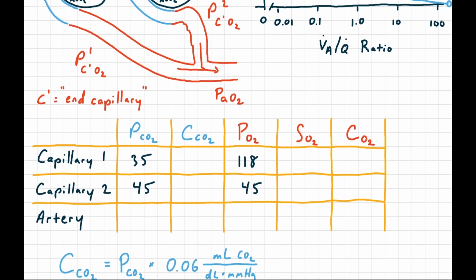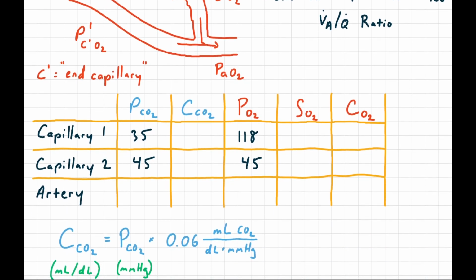So if we start with carbon dioxide, the content of CO2 in the blood is straightforward diffusion by mass effect into the blood at a solubility of 0.06 milliliters of CO2 gas in every deciliter of blood for every millimeter of mercury of CO2 partial pressure. So that means that capillary 1 contains 2.1 milliliters of CO2 per deciliter of blood, and in capillary 2, that's 2.7 milliliters per deciliter.